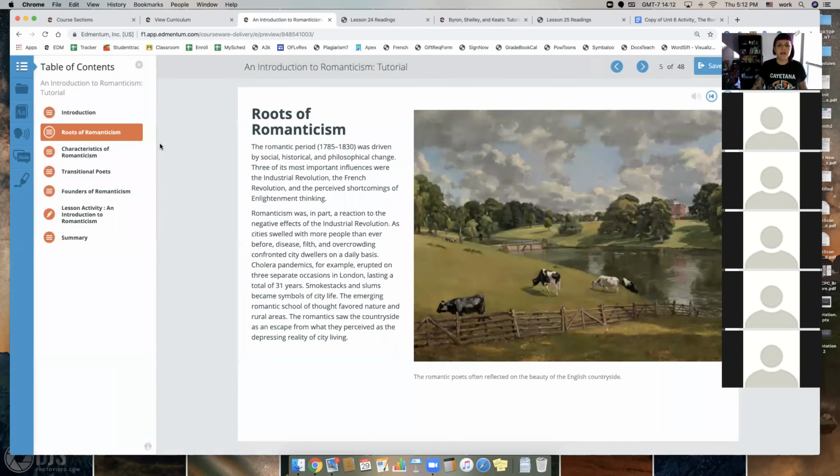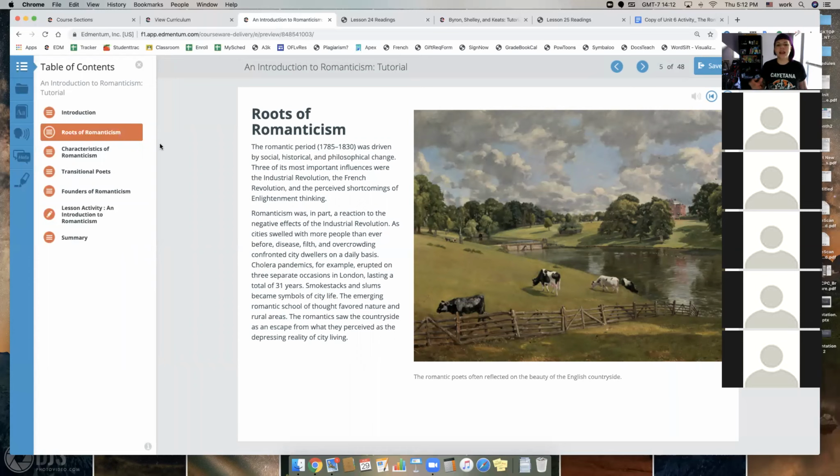But yeah, it's more of a period of time. So it's a social, historical, and philosophical change. The Industrial Revolution, the French Revolution, and then the Enlightenment were all big parts of it. And it's also a reaction to the negative side of the Industrial Revolution, which sort of took away from people living more rural lives or living in the country.